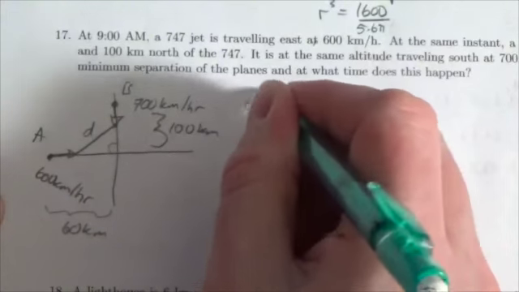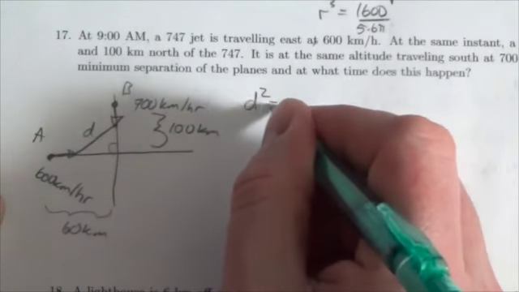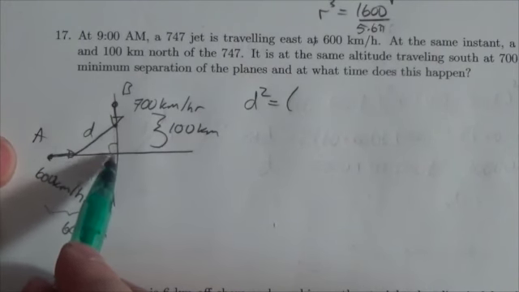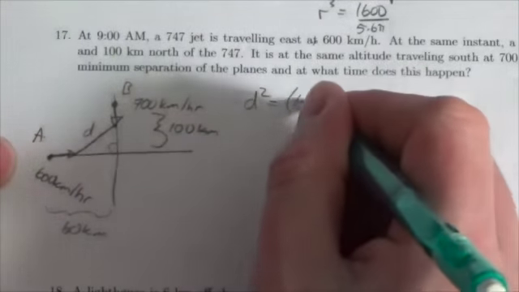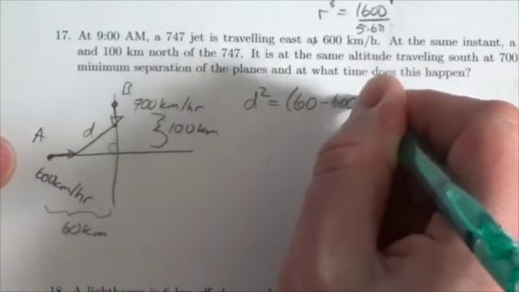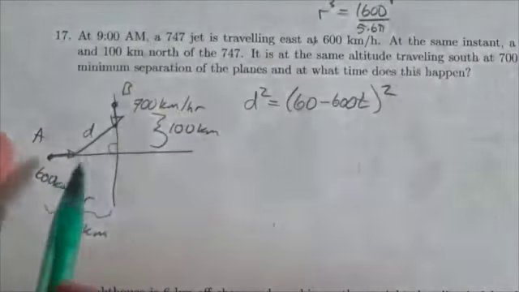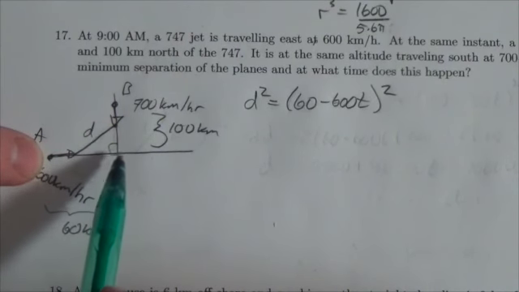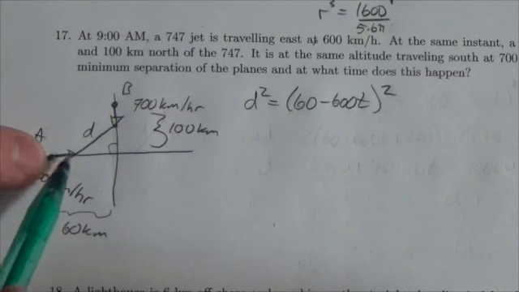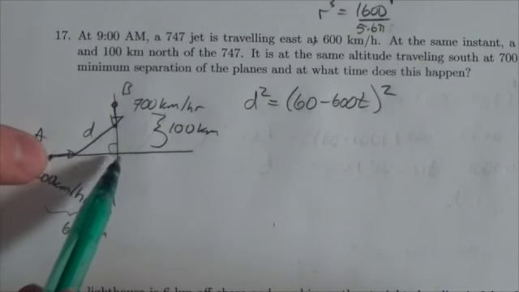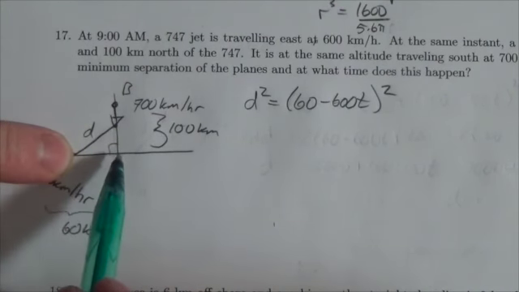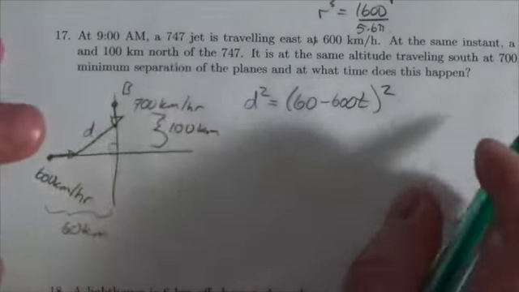So D squared is going to equal the distance that plane A is, let's say from that origin there, which will be (60 − 600t) squared, because it starts off at 60 kilometers away. And then the plane is going to travel 600 times t. And so that distance minus this distance will be the distance that the plane is away from the vertex or the right angle in this triangle.